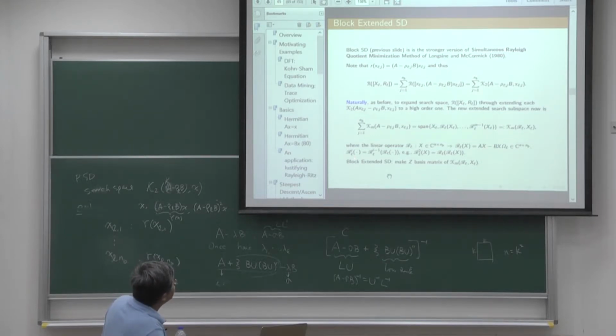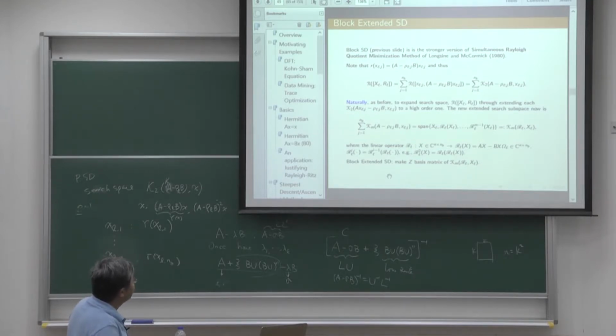Then you define R to the i-th power as the composition of R to the i minus 1, so you apply it once and then apply i minus 1 more. So basically, this sum of Krylov subspaces can be compactly written as a Krylov subspace of the operator R on XL, just for easy presentation.